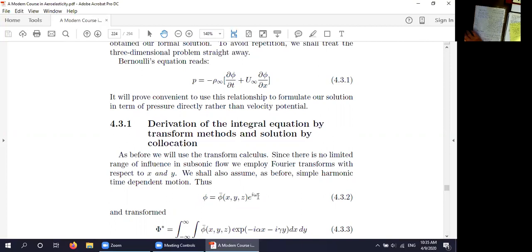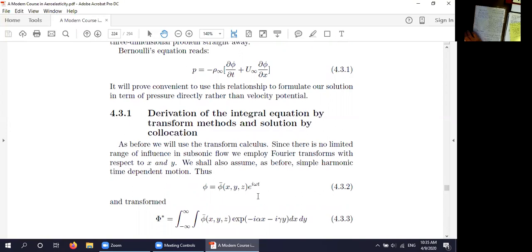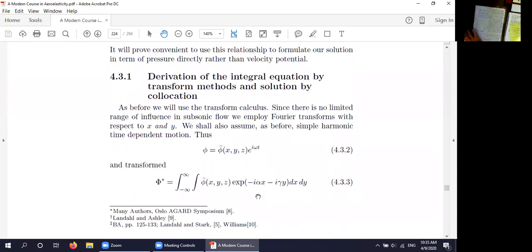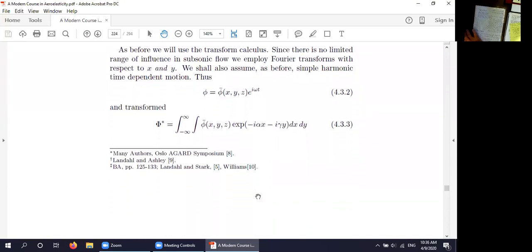Now we can't use a Laplace transform anymore with respect to x, because things are happening for x less than 0 in the flow field. So we need to use a Fourier transform with respect to both x and y. And so we're going to take a double Fourier transform with respect to x and y.